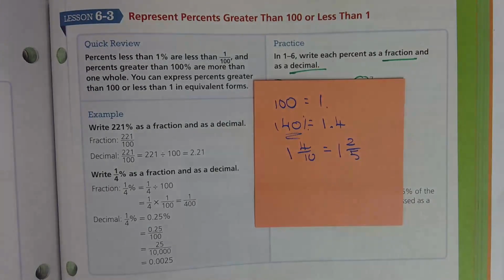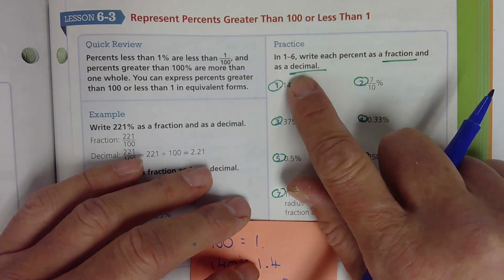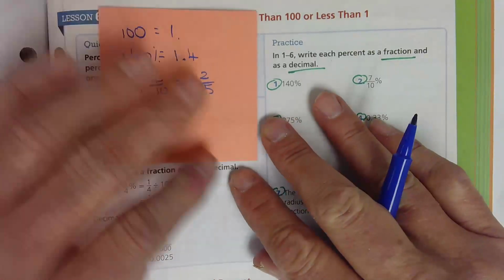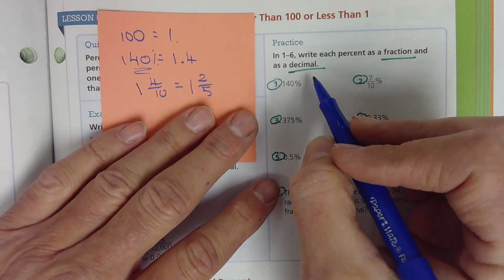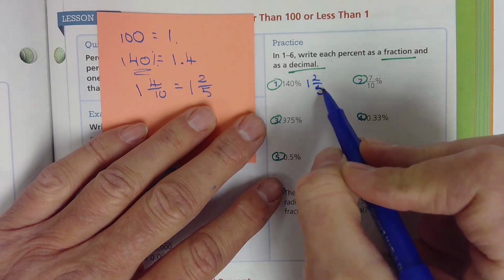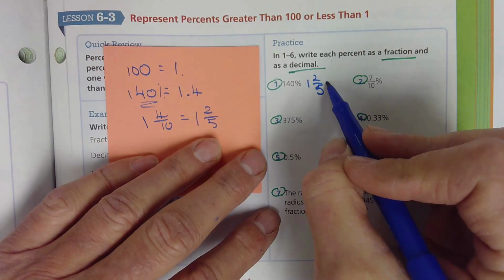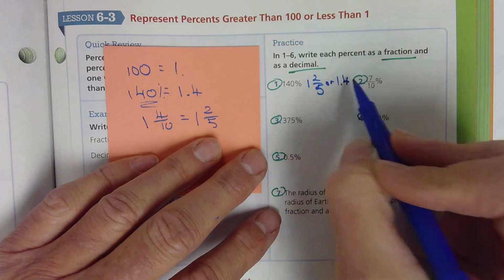Okay? So it says to write each percent as a fraction and as a decimal. So we've done that now. As a fraction, it'd be 1 and 2/5. And then as a decimal, it would be 1.4.